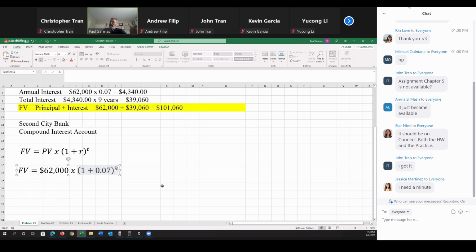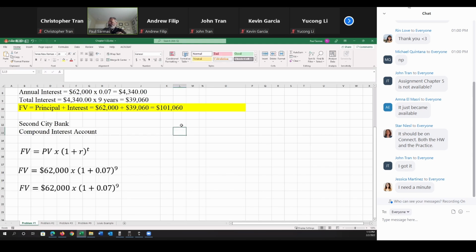So what I have to do now is calculate 1.07 to the power T. We did that before. Let's do it again, just for the heck of it.